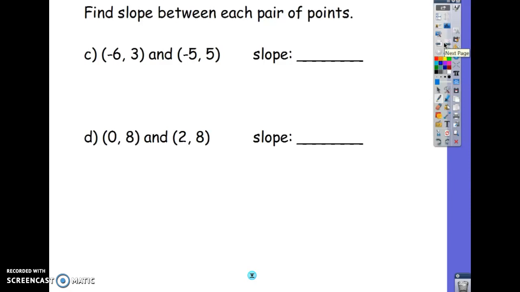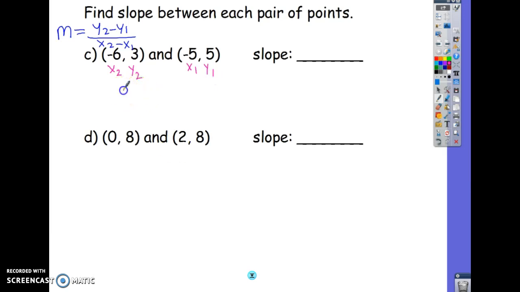Now we're going to use that formula, so you want to start practicing that formula: m equals y2 minus y1 over x2 minus x1. If we want to find the slope for -6, 3 and -5, 5, we're going to label our points. This time I'm going to say -6 is my x2, 3 is my y2, -5 is my x1, 5 is my y1. Then I just plug them in.